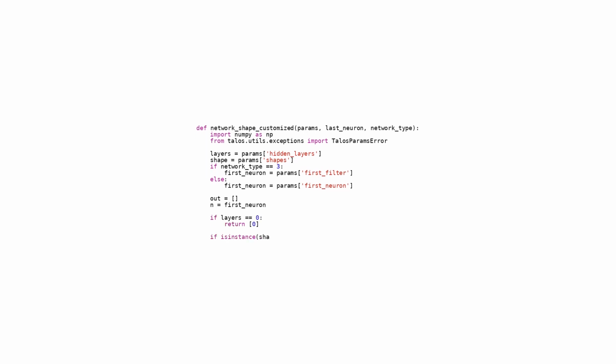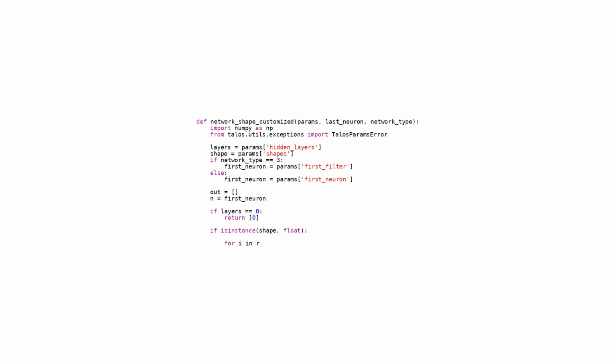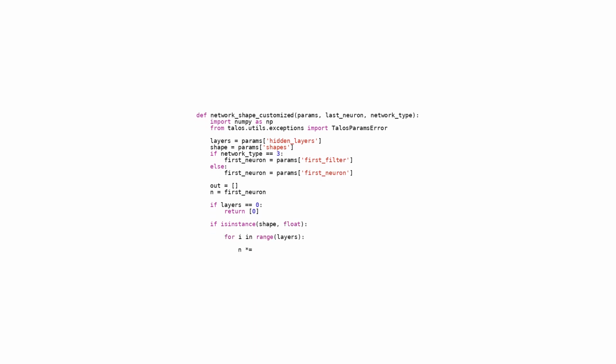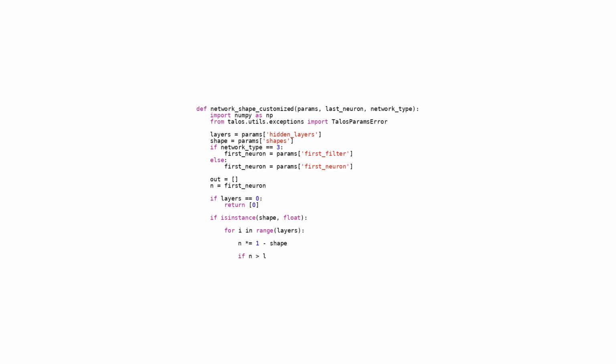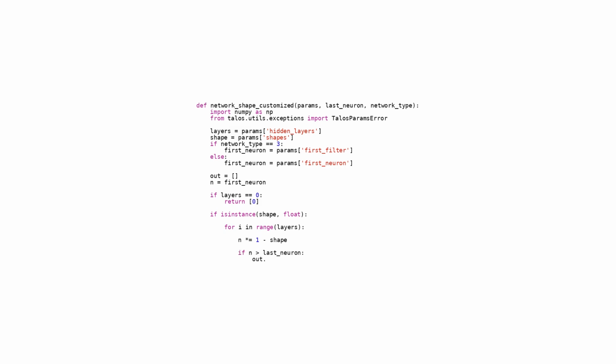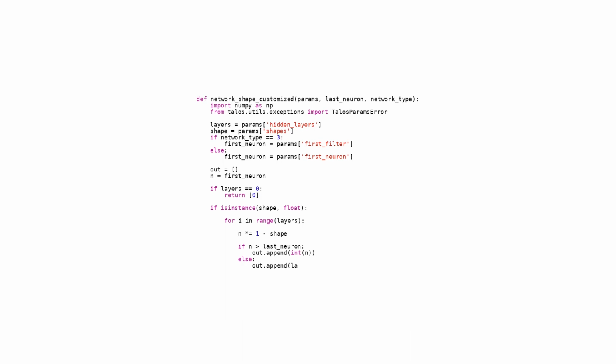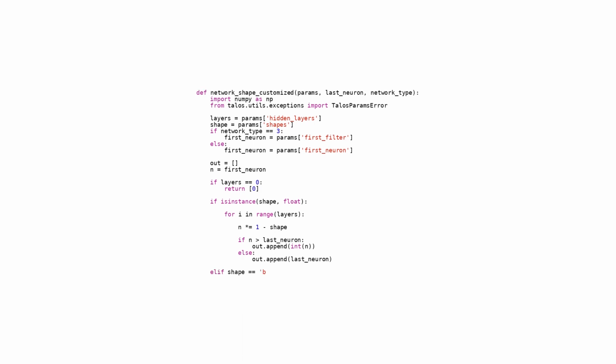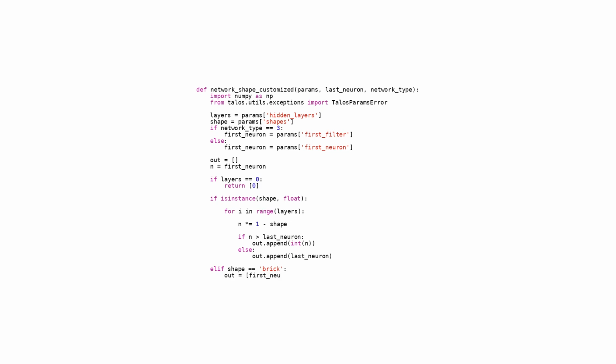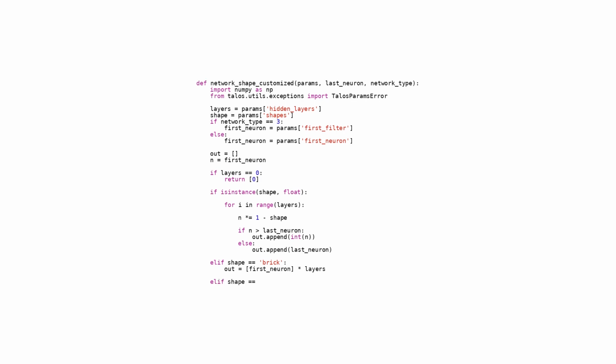It checks the type of shape given. When the shape is a decimal number, it determines the number of neurons in each layer by considering the reduction percentage indicated by the float value. When the shape is designated as brick, each layer will have the same number of neurons as specified in the first_neuron value for the designated number of layers.